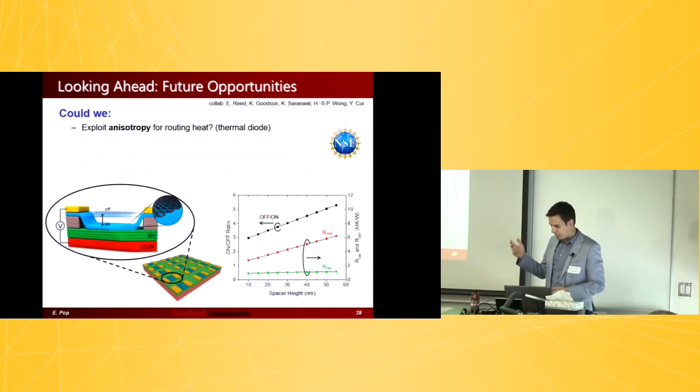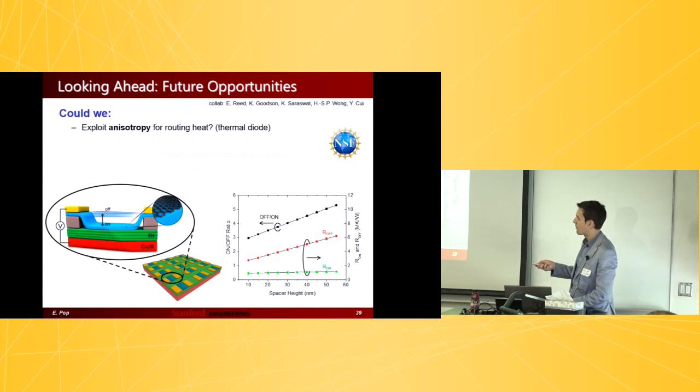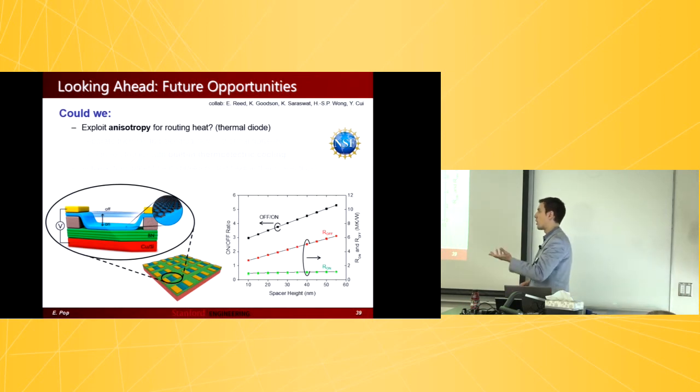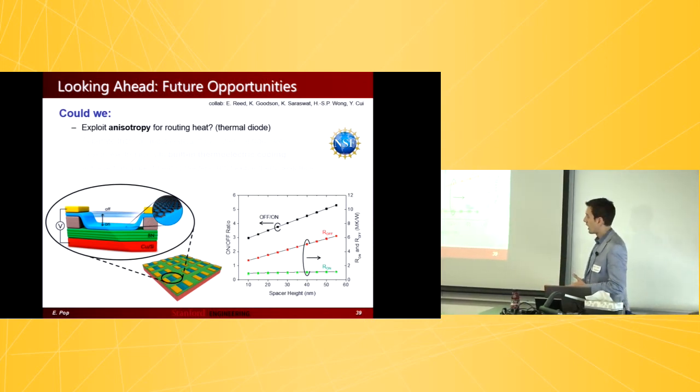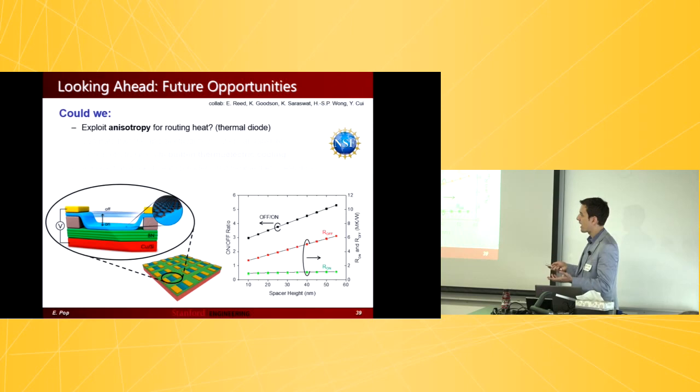An example of something we're trying to build right now is a graphene MEMS device that leverages the flexibility of the material, but also this high thermal conductivity. So it's essentially a thermal switch that could be used in some way analogous to an electrical switch, right? But for routing heat, obviously.